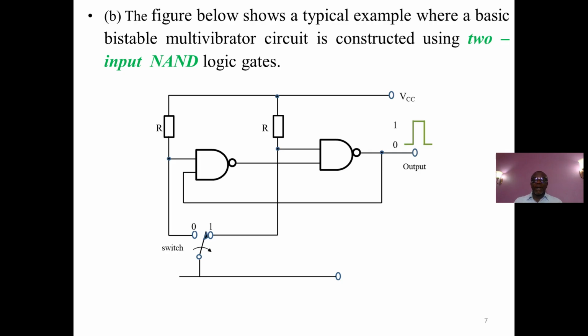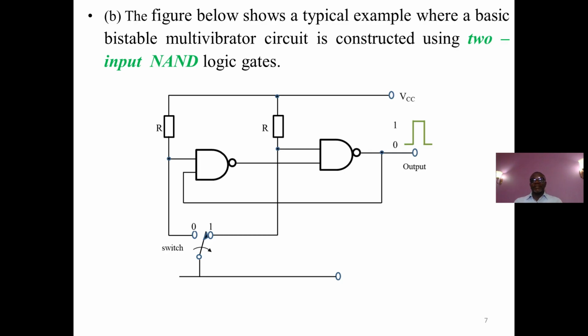If you toggle it to 1, it goes up and remains in that 1 state until you toggle again for it to come back. So if you look at the output pulse, you have the 0, and when you switch to 1, the rising edge of the pulse gets up and remains in that state until you switch back to 0. It drops again back to 0.